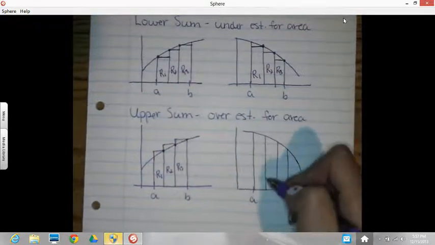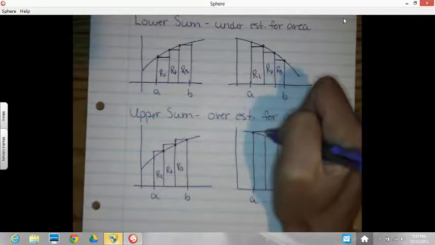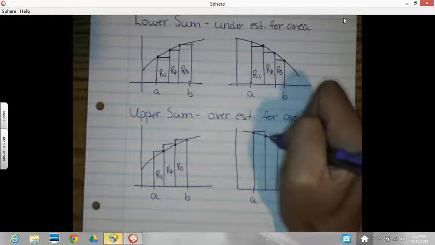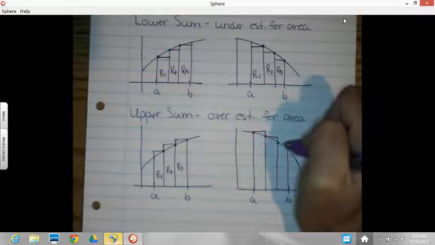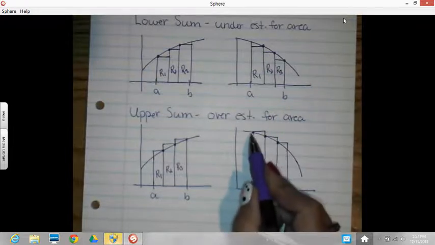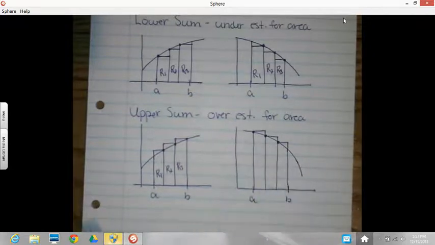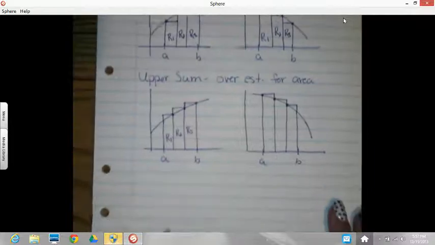Something like this, if I want an overestimate, I want the left edge to be my height, the left edge to be my height, and the left edge to be the height. So you can see the heights of our rectangles are going to be determined by the function itself. What's this y value? What's this y value? What's this y value?